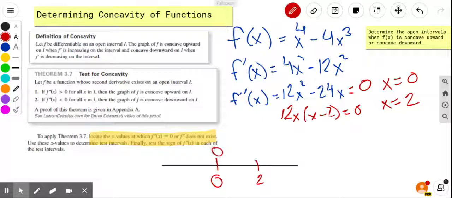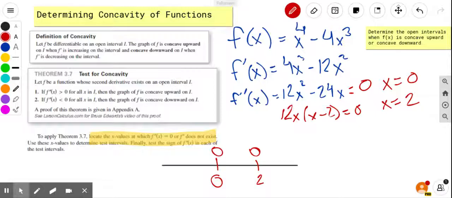We're not going to call them critical numbers because critical numbers only apply to the first derivative, and these are something else. We're going to call these new values points of inflection.